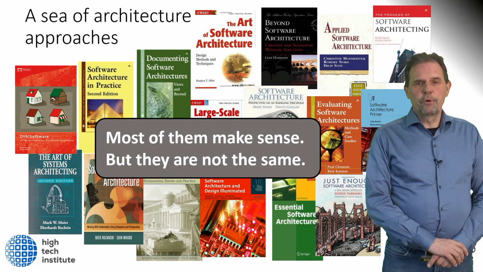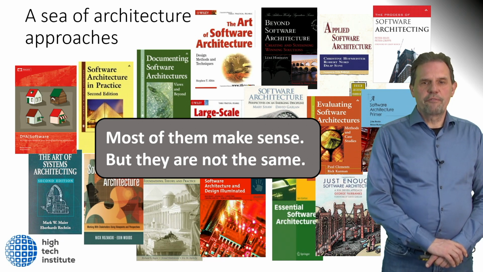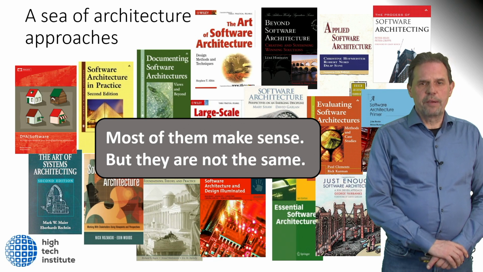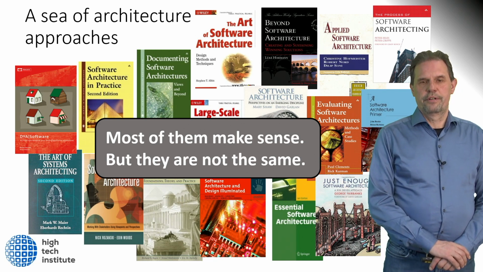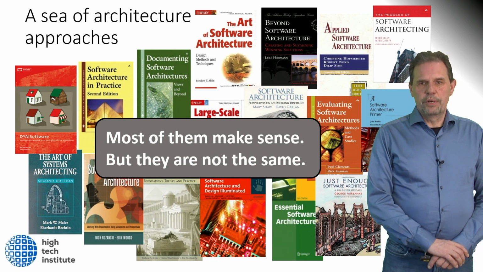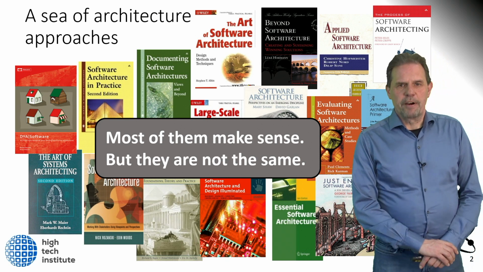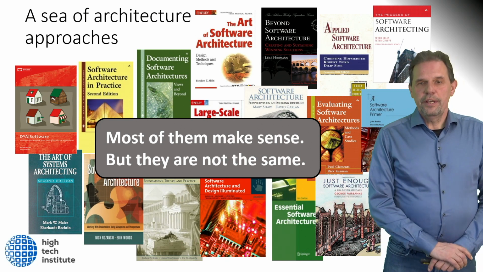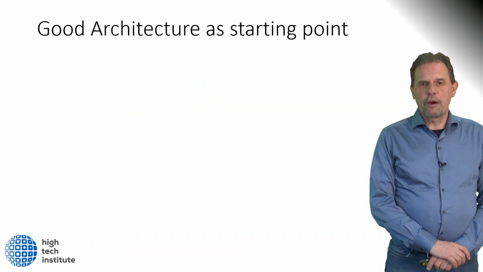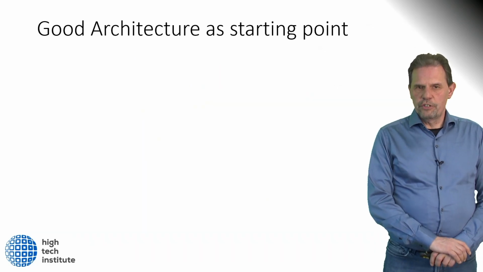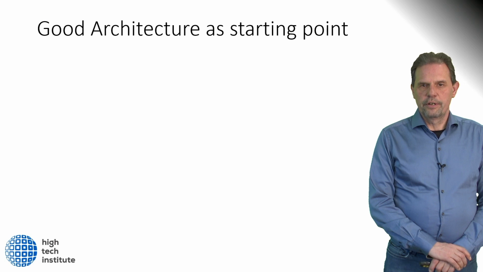One of the most important reasons, I think, is that many of them have implicitly a different opinion about what a good architecture is. And that's where we came up with the idea of good architecture. So me and a bunch of my former colleagues started working on the notion of what a good architecture is. And I will now give a short introduction of this theory of good architecture.